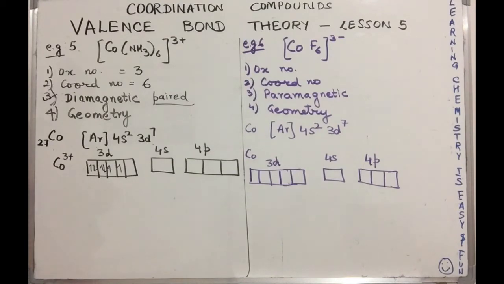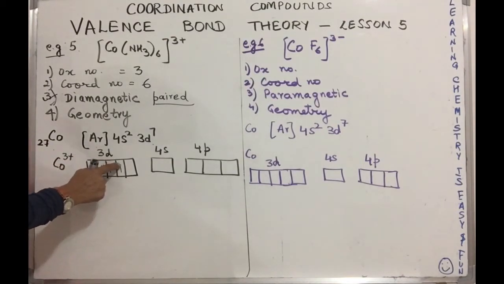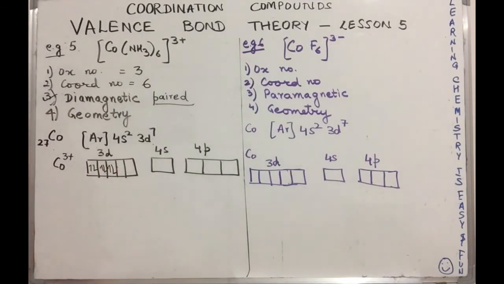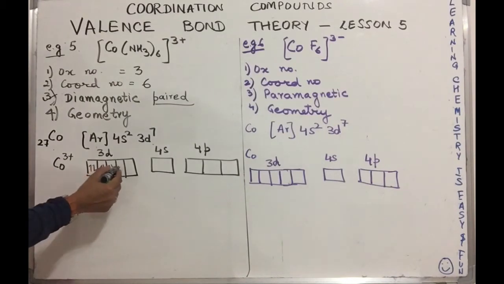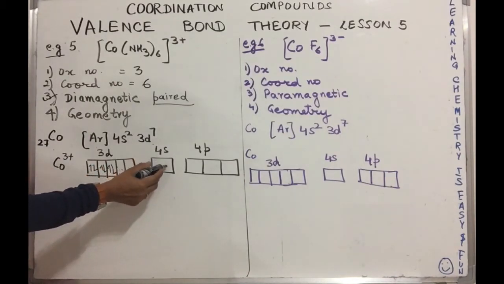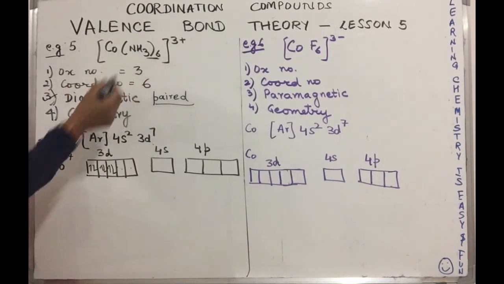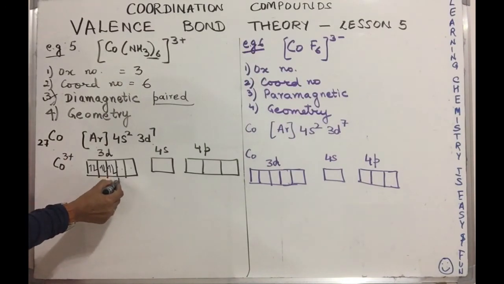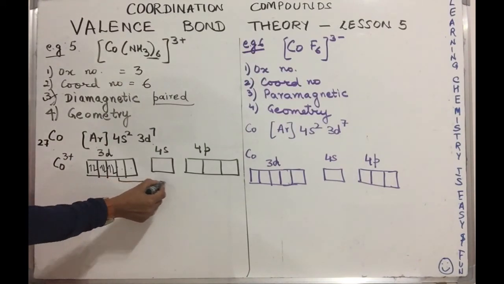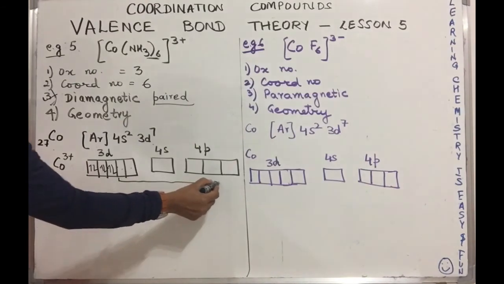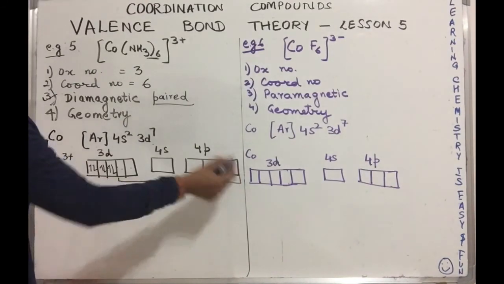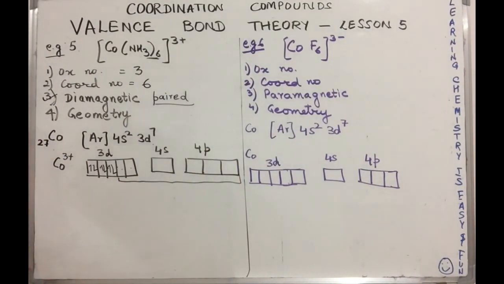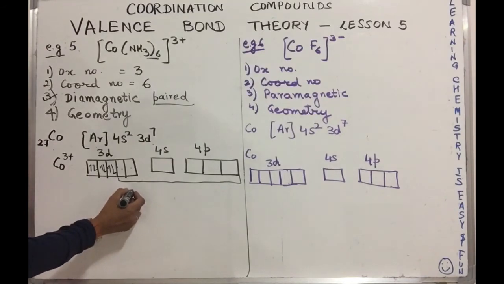So what can you predict about its hybridization? Very good. The electrons pair up. So we have 1, 2, how many ligands do we need to attach? 6. So I need to take 1, 2, 3, 4, 5, 6. What is the name of this hybridization? Very good.